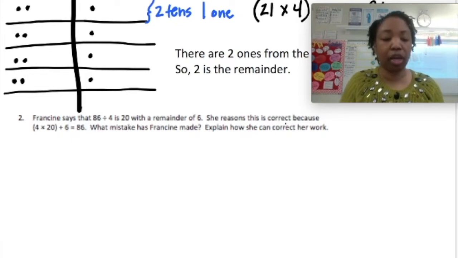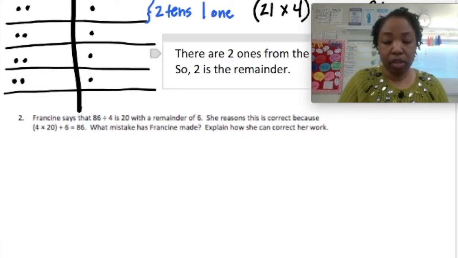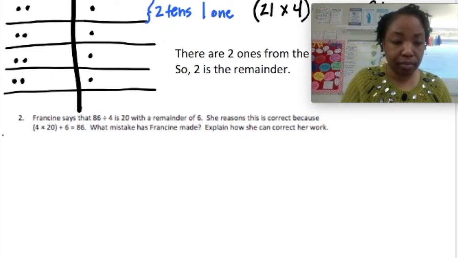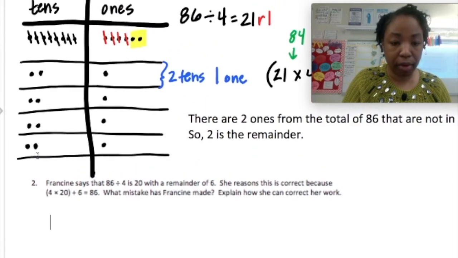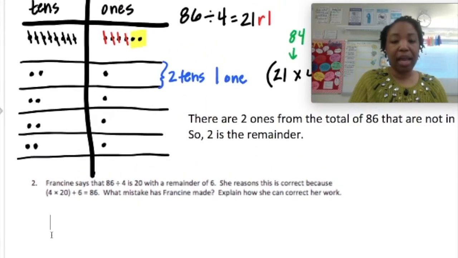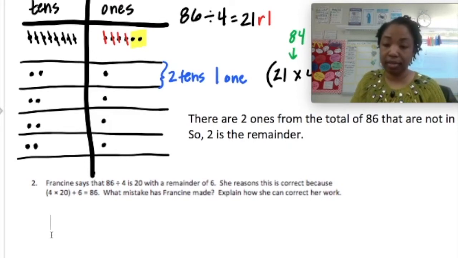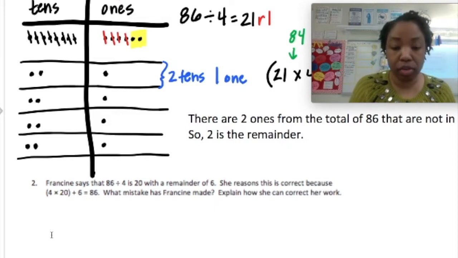Explain how she can correct her work. So Francine is saying that, and let's also move this up just a little bit so we can still see this model. She's saying that the answer is 20 and not 21. We got 21. She's saying the answer is 20 with a remainder of 6.